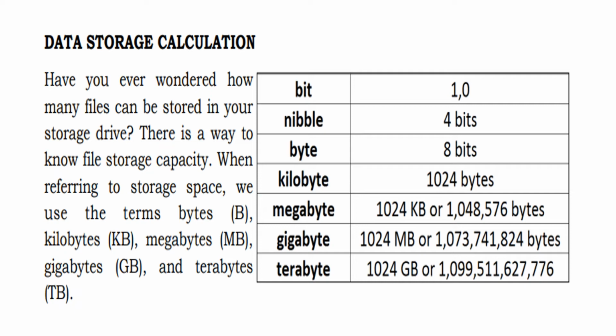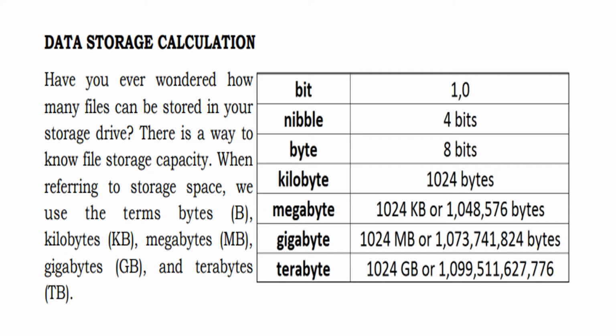Remember, a bit is only 1 or 0, meaning on or off. Nibble is equivalent to 4 bits. And when you say 1 byte, it means 8 bits.